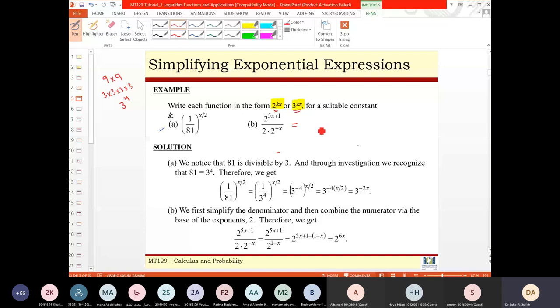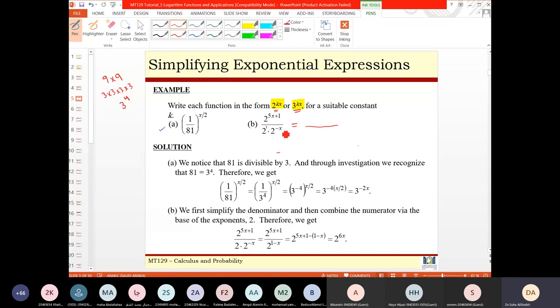Now first of all, the 2 multiplied with 2 to the power minus x, the 2 is like 2 to the power 1. Same base, different power. What do I do with the power? I add the powers. The first power is 1, the second power is minus x, so it's going to be 2 to the power 1 minus x. We added the powers, we combined them.